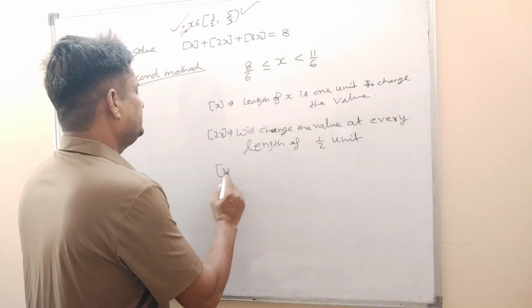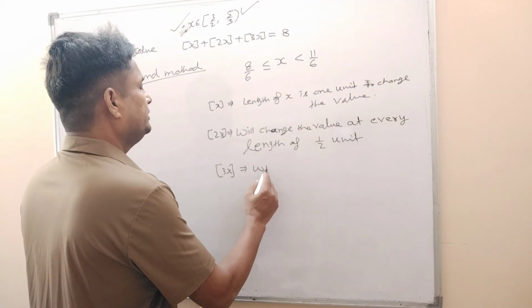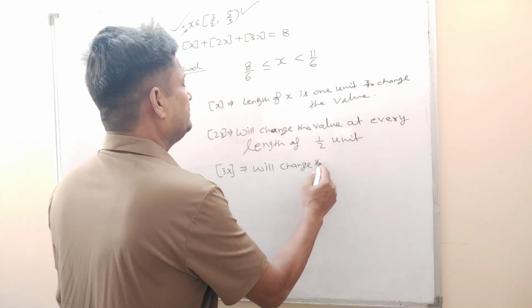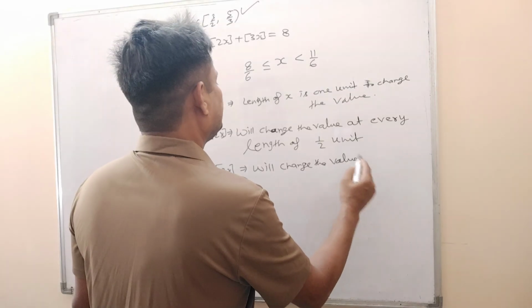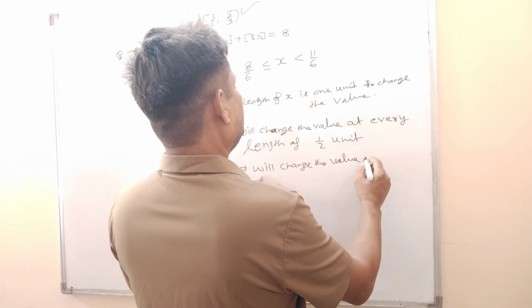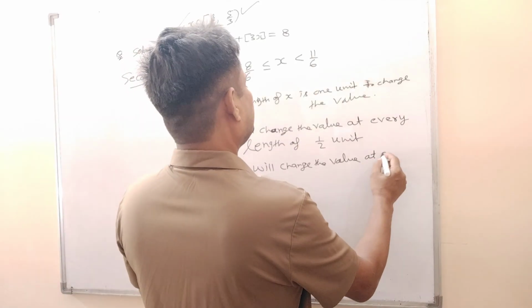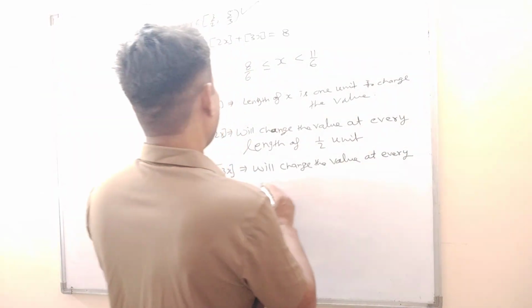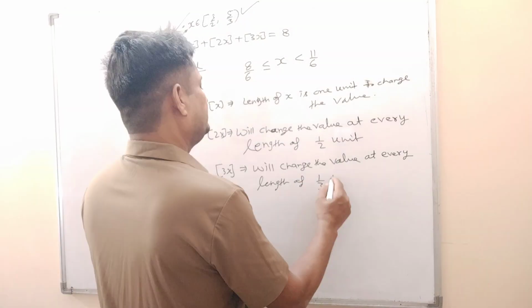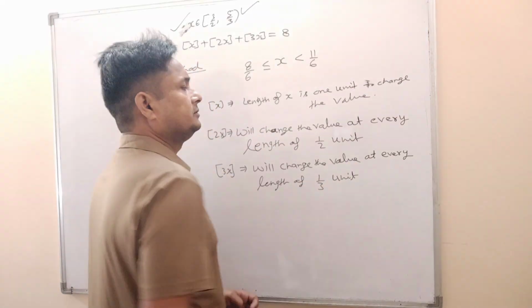Similarly, greatest integer of 3x will change the value at every length of 1/3 unit, right?